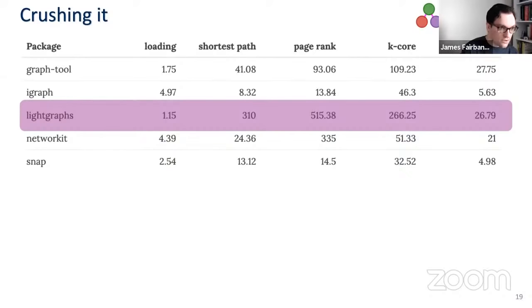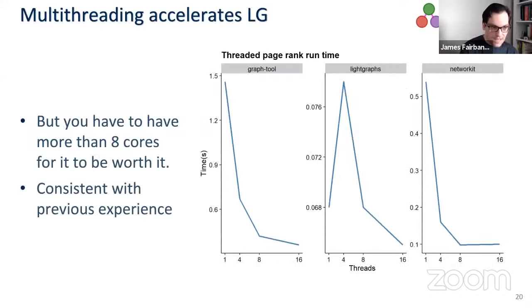So, great. Those benchmarks also showed that LightGraphs can scale with parallel threads. Our single core performance is so good that you actually need a lot of threads to outpace the single core. Here, if you have 8 threads on your machine, that's break even with serial, because the serial algorithms are more efficient in the first place.